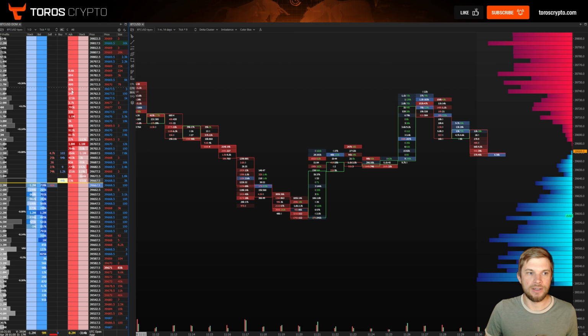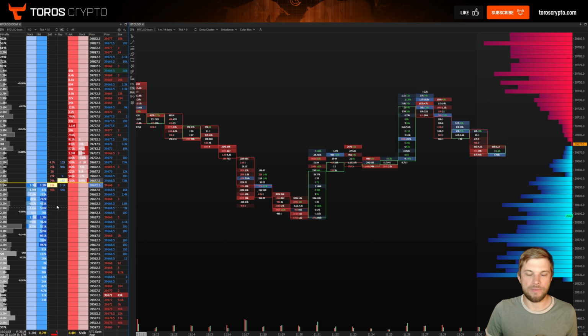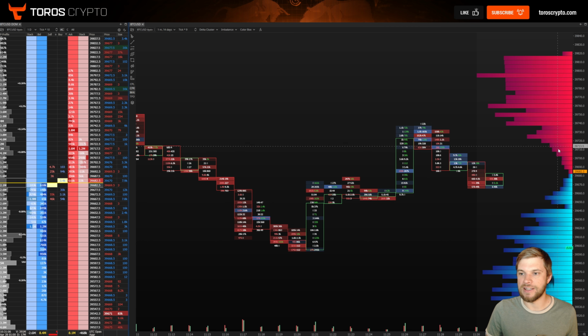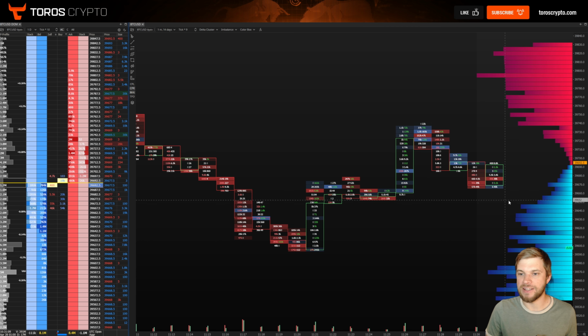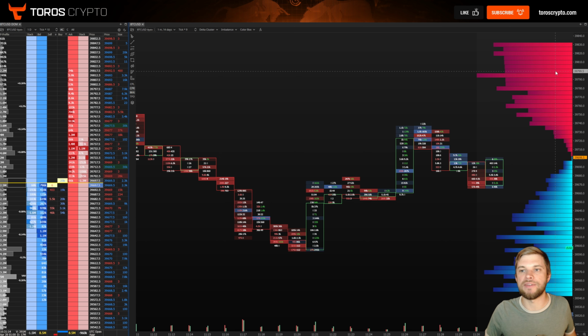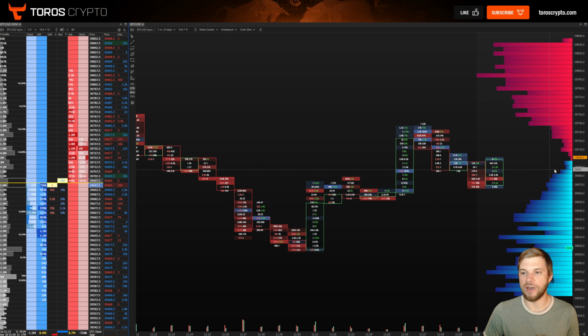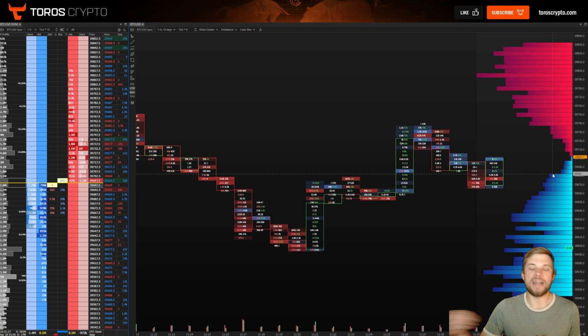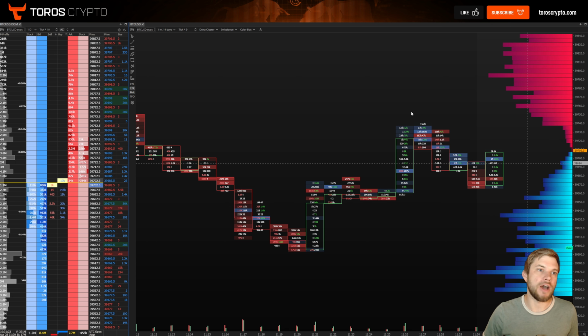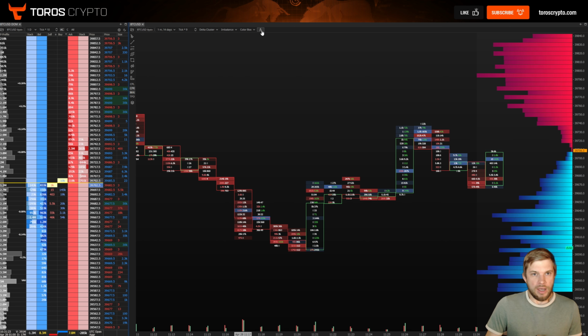So you can see not only all of the numbers and information there, but you can get a very quick view of who is dominant in the market. Right now it's fairly balanced, but sometimes you'll see this blue bid side massively outweighing the ask side or the offer, and that can give you an indication that any sellers coming into the market are being absorbed, and the price is likely to move up as a result.